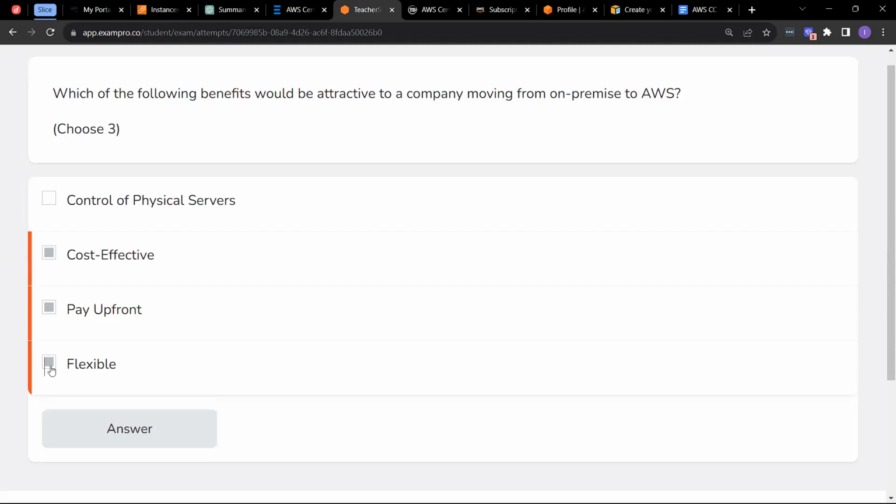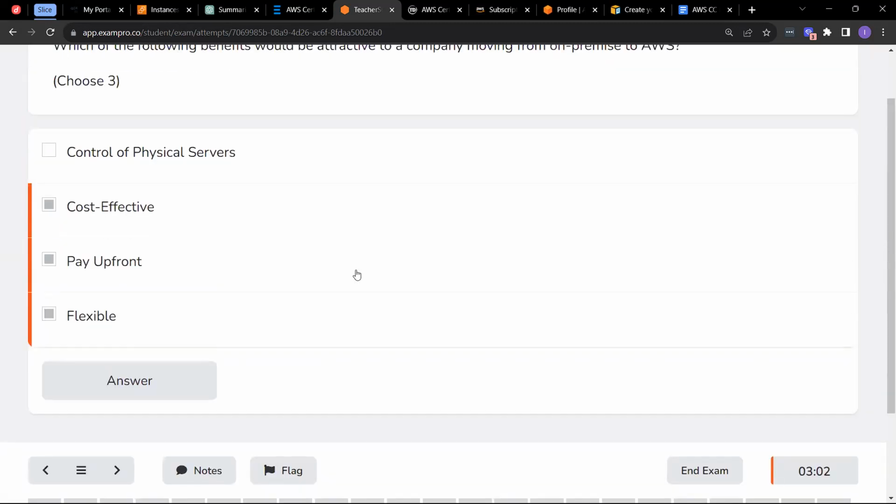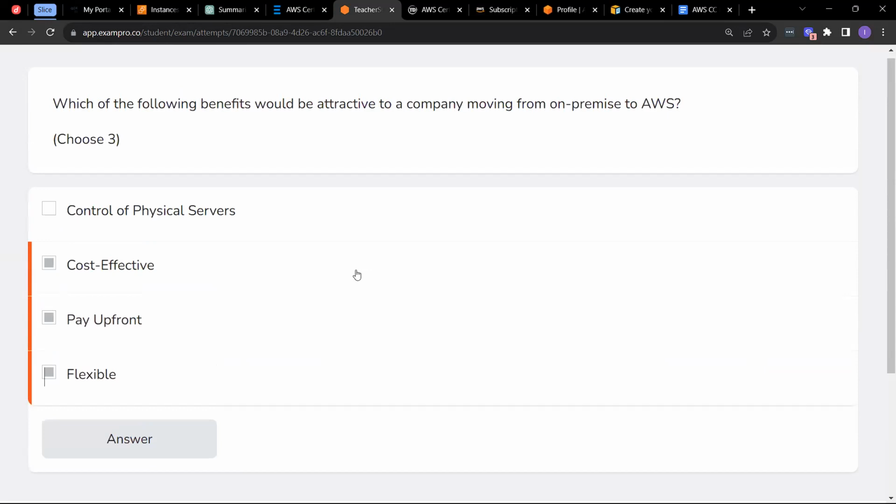Pay upfront. I don't know how you are paying upfront. But I think the first one can still come into play because you still have control of your physical server. No, you are moving to AWS, you don't have physical access, so you won't use your on-premise servers. But there's an option to reserve and then pay upfront.